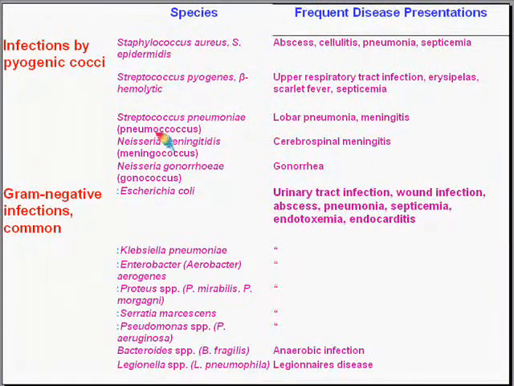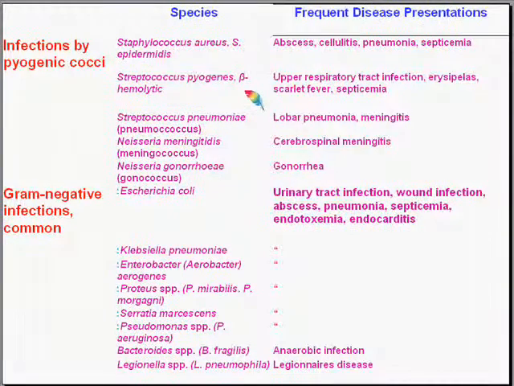And of course, the gram-positive cocci are generally all clinically staph and strep. And then we have a couple of gram-negative cocci causing meningitis and gonorrhea, with Neisseria meningitidis causing cerebrospinal meningitis, Neisseria gonorrhoeae causing gonorrhea. Staph and strep are ubiquitous.